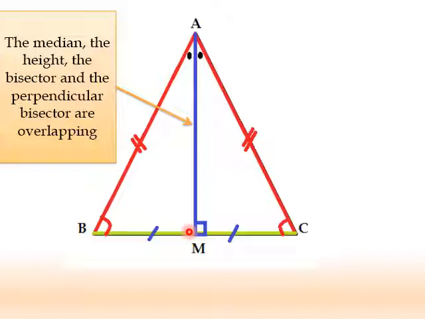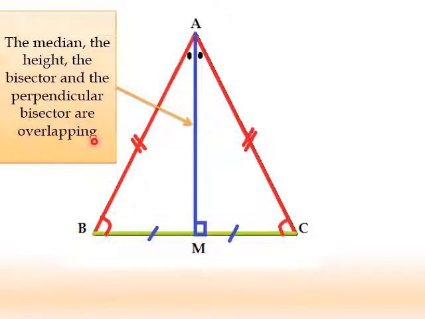Again, as I told you, it's an isosceles triangle. The main vertex is A. So the median issued from the main vertex in an isosceles triangle is at the same time a height, a bisector, and a perpendicular bisector.